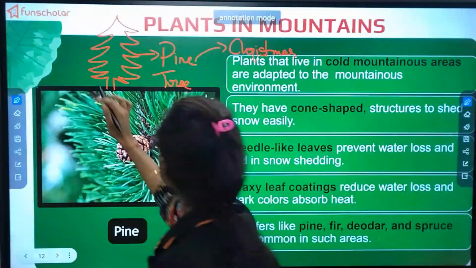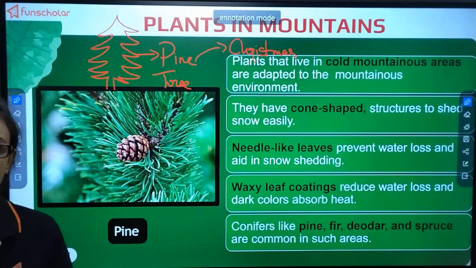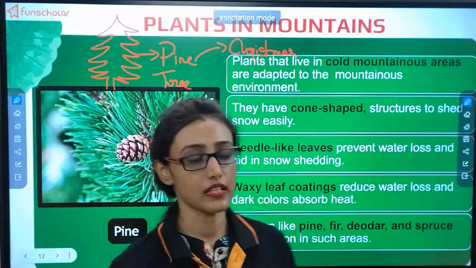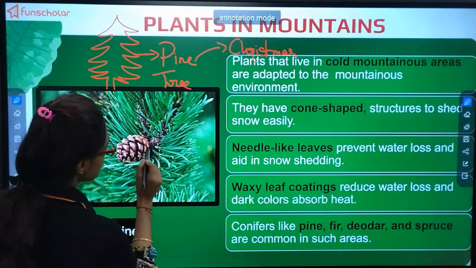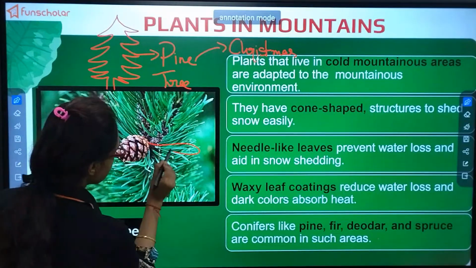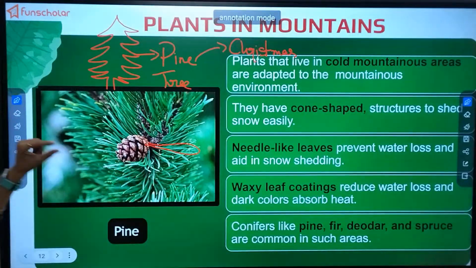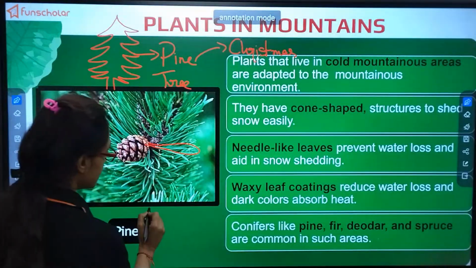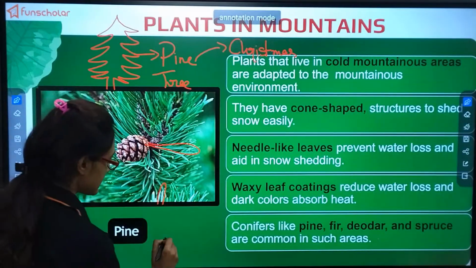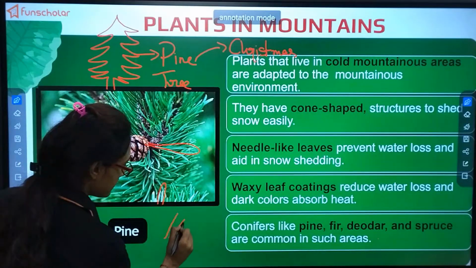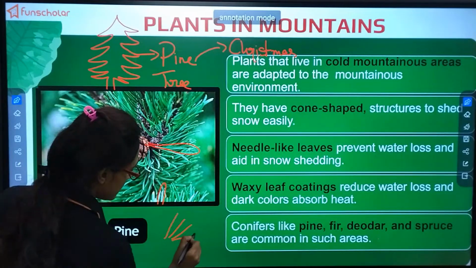So these trees are totally different from the trees we see in our surroundings. Just look at the leaves, they have a very thin type of leaf. See, they have thin pointed leaves, just like a needle.